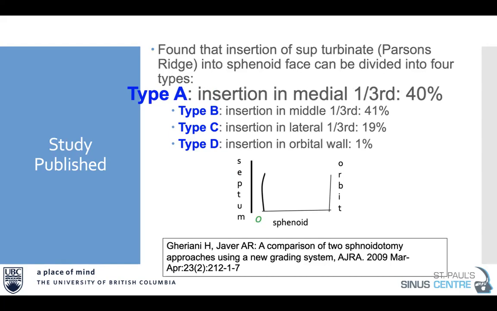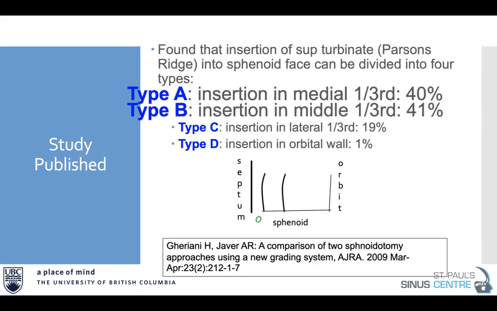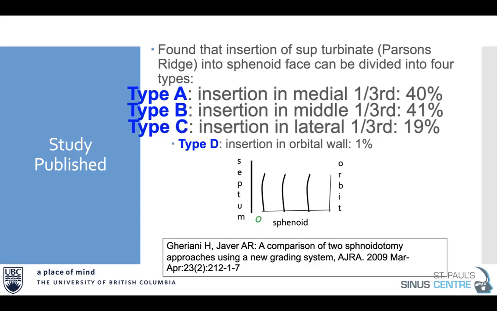A type A insertion is when the Parson's ridge is in the medial third of the sphenoid face. A type B insertion is when the Parson's ridge is in the middle third of the sphenoid face. A type C insertion is when it's in the lateral third, and that happens in 19% of cases. And that's really important.